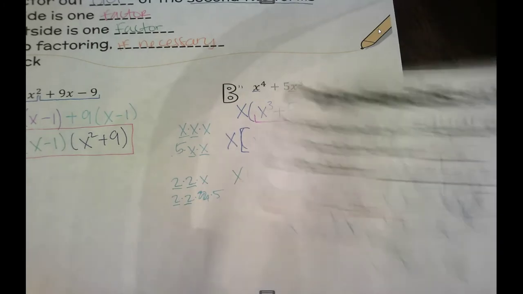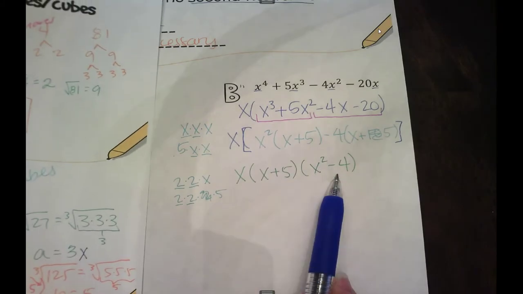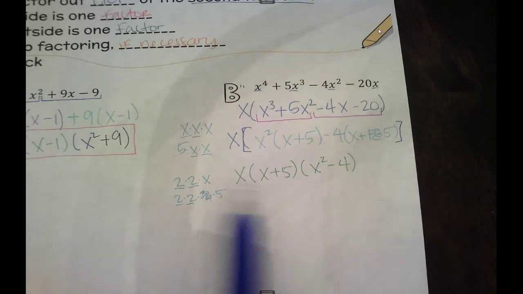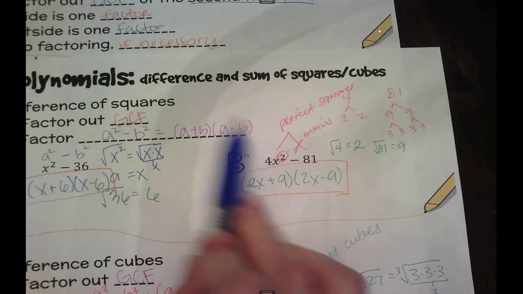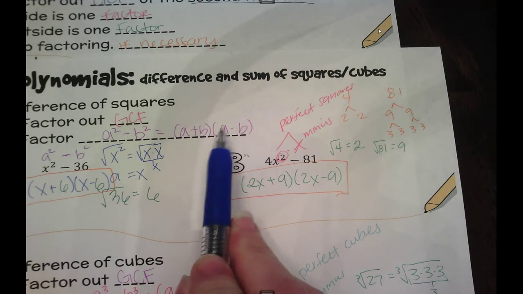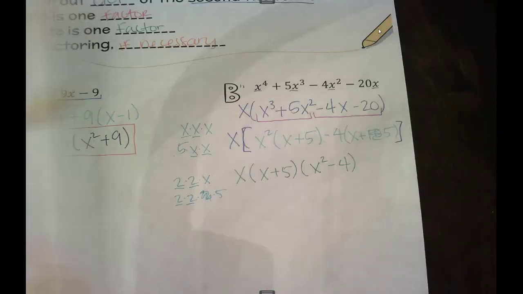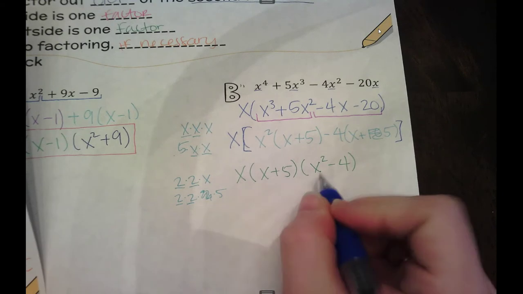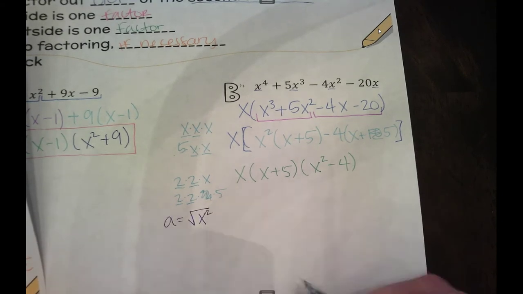Can we go back to difference of squares, difference of cubes, sum of cubes? We've got a squared and we have a minus sign. So let's see if we can do difference of squares. So remember, we're putting it into a plus b times a minus b. So we've got to take the square root of x squared to give me a.